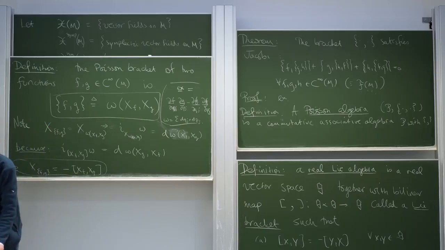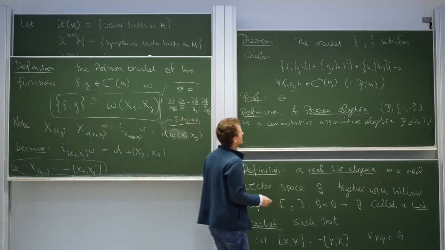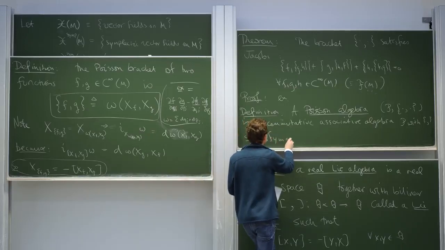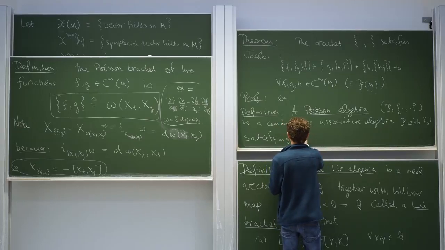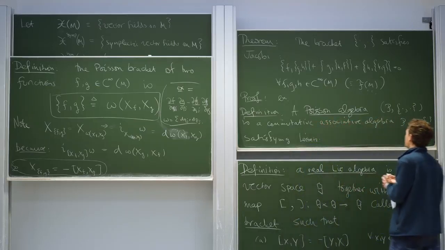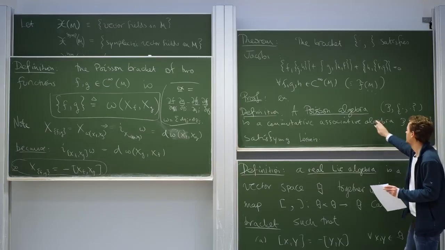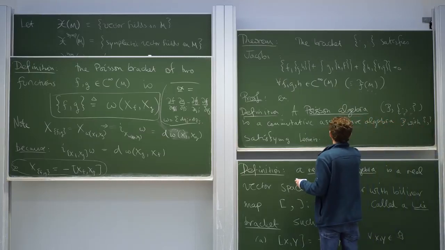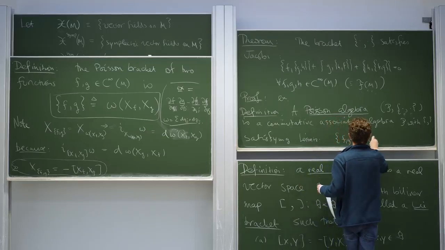Give it a name. It's called a Poisson algebra, and you only get to call it a Poisson algebra if you have this antisymmetric bracket that obeys the Jacobi identity, and that this bracket respects products of functions pointwise. And that would be the case if it obeys this Leibniz property here.